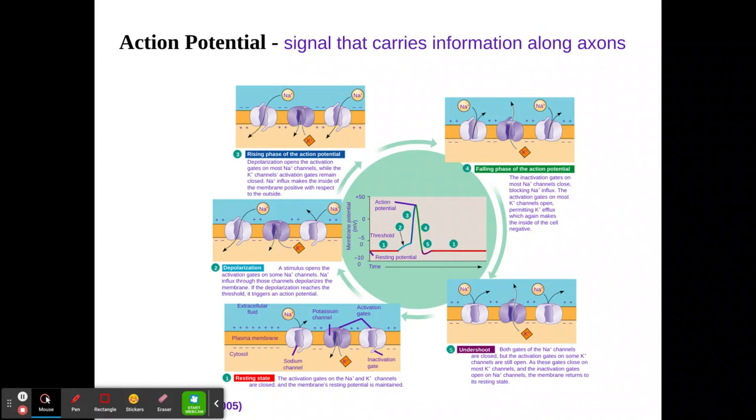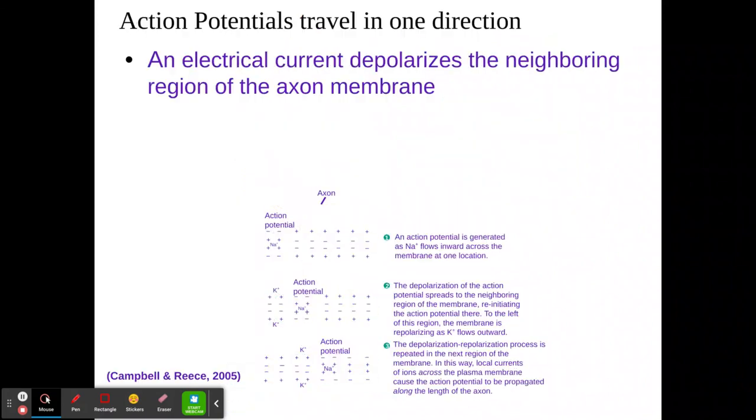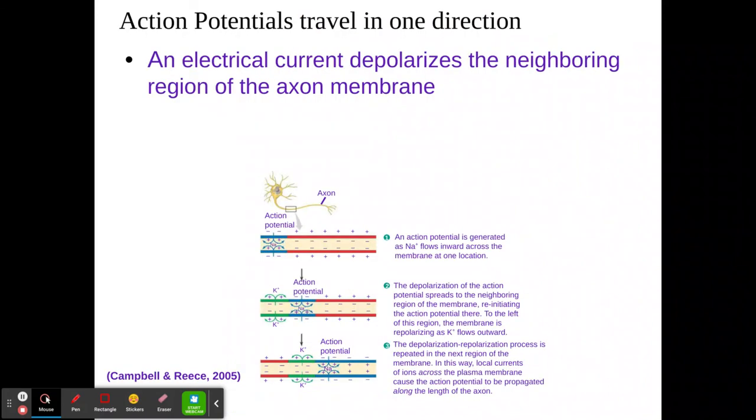Steps 4 and 5 are part of the refractory period. And what I like to talk about with the refractory period as it relates to an action potential is that this refractory period only allows the message to be sent in one direction. So what this picture here is showing you is the blue part is where this action potential is occurring.